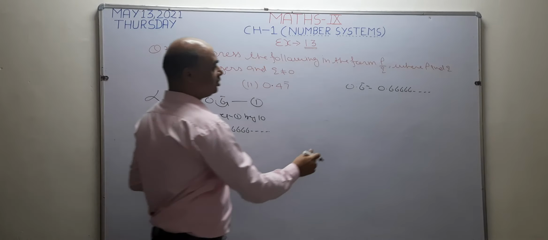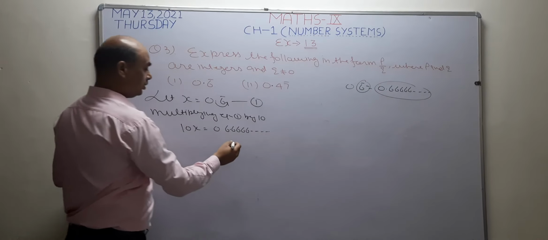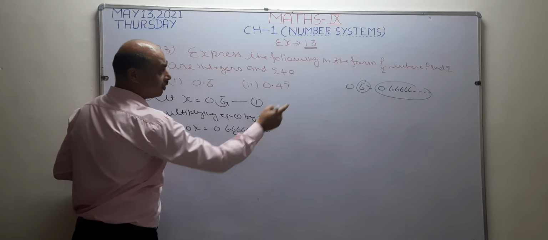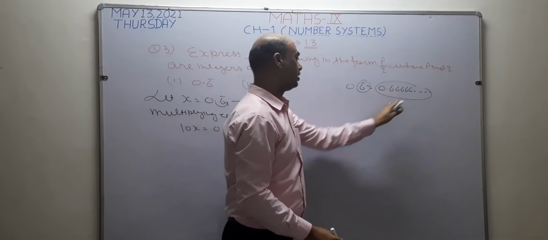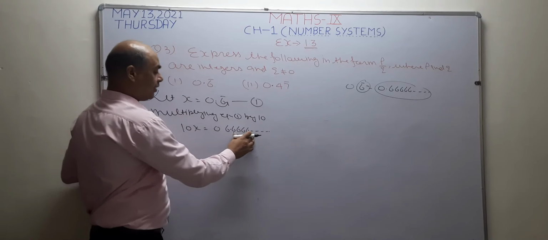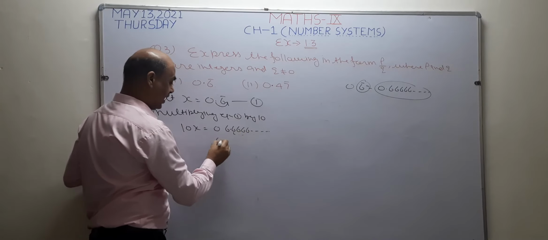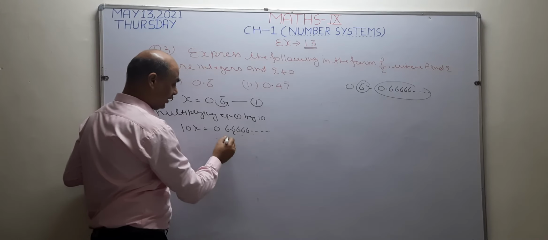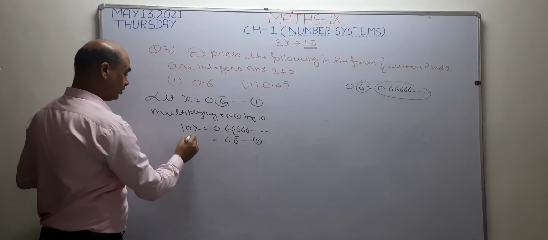Since these numbers are written as 6 bar, these numbers are also uncountable. I don't know how many 6s are there. So this can be written as 6.6 bar. This is our second equation.